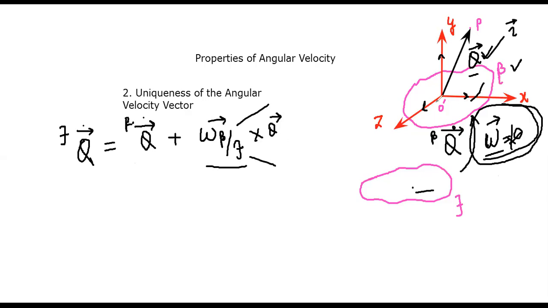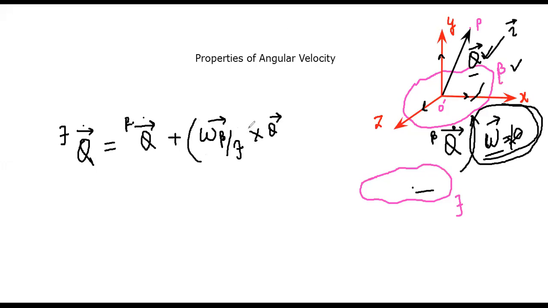That means this equation gets satisfied at more than one value of the angular velocity of beta with respect to ground. So let's suppose one value of the angular velocity of beta with respect to ground, we call that omega 1. This is one angular velocity of beta with respect to ground.